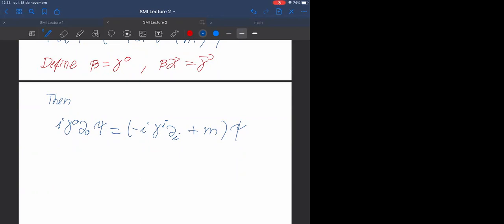So you see that here you have gamma 0 ∂0 and gamma i ∂i. So you can write the final form of the Dirac equation, which is (i gamma mu ∂mu minus m) psi equal to 0.